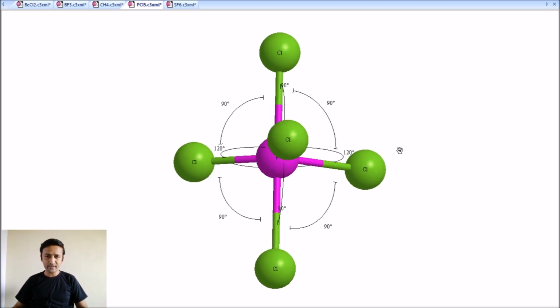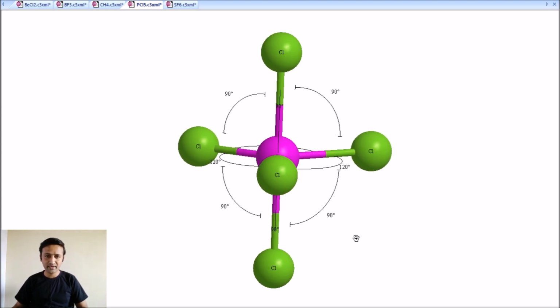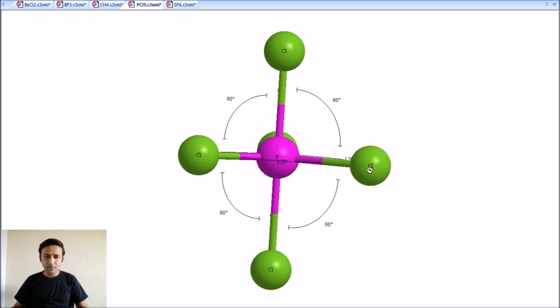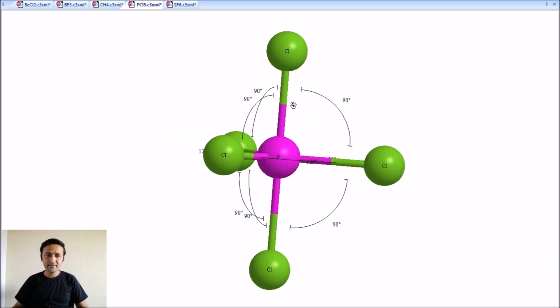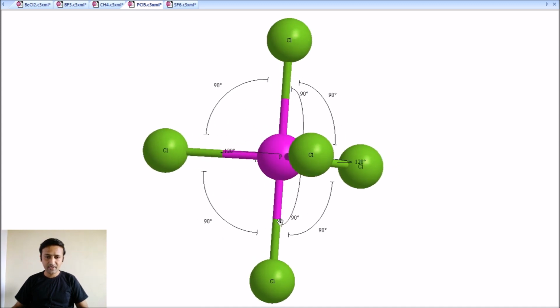Now we have 1 chlorine above the plane and another chlorine below the plane. This chlorine creates 90 degree angles. How many are possible? Let me rotate the molecule so you can see it clearly. Above this plane, we can see 3 90 degree angles, and below the plane, we can see again 3 90 degree angles.